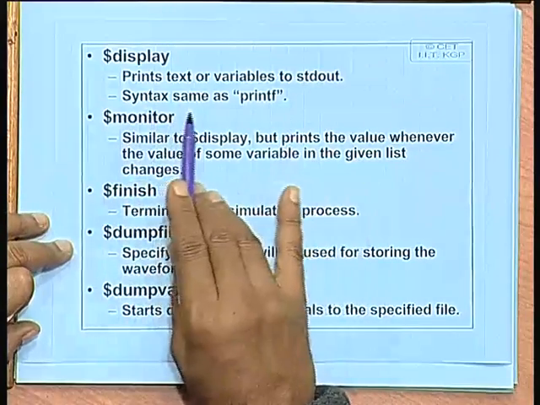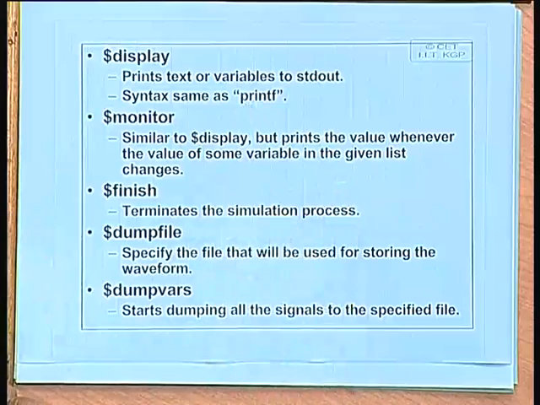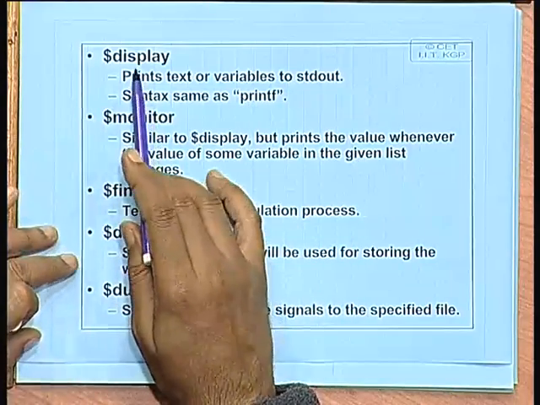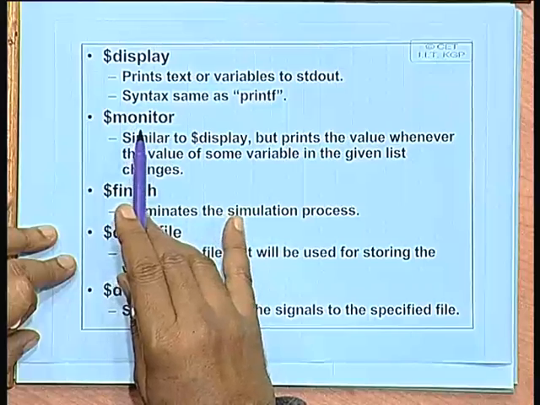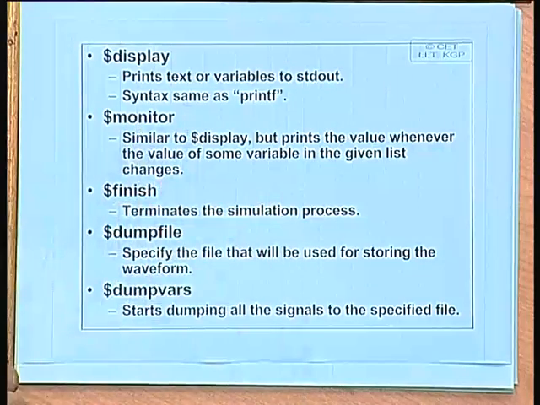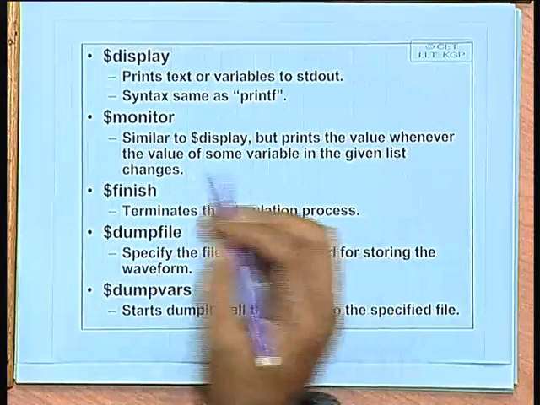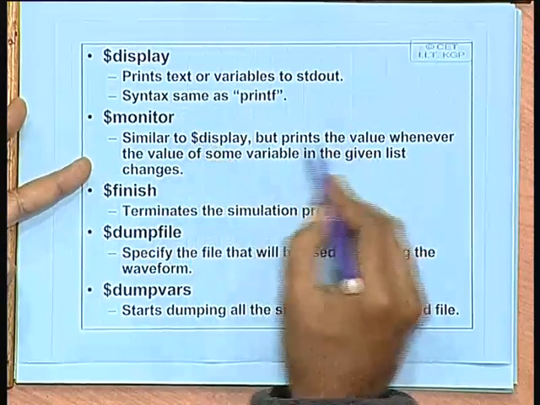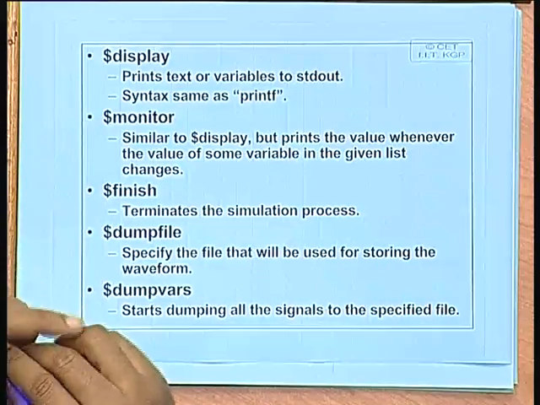The syntax is similar to printf in C. So the syntax is same. There is an alternate form of display that is called monitor. Monitor is also doing the same thing. This is also printing the specified string or the variables you specify in the parameter, but there is one difference.